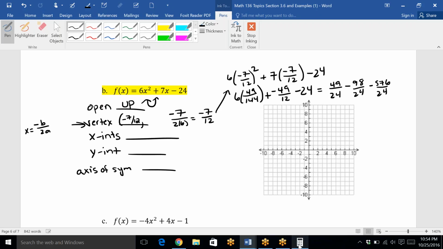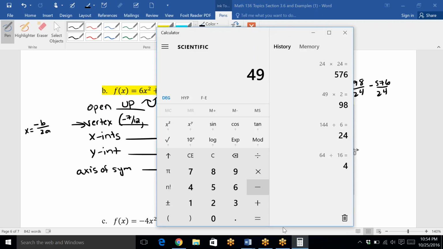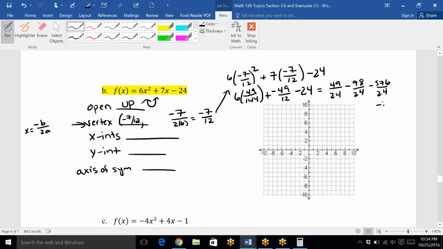And I just need to now subtract across the top. So 49 minus 98 minus 576 is negative 625 over 24. I would obviously check if that reduces, but I believe it doesn't.